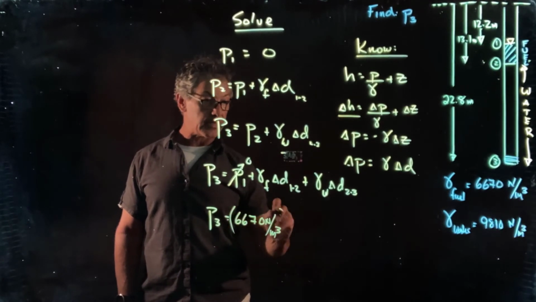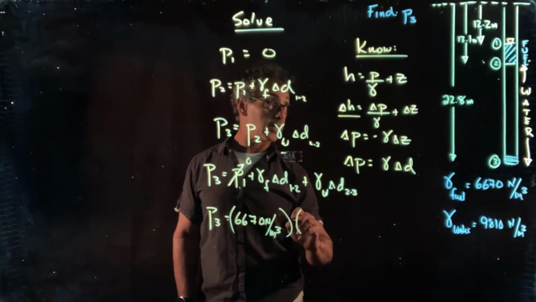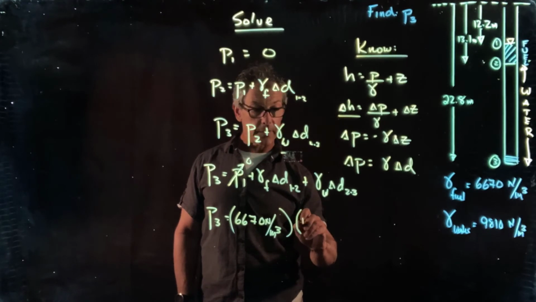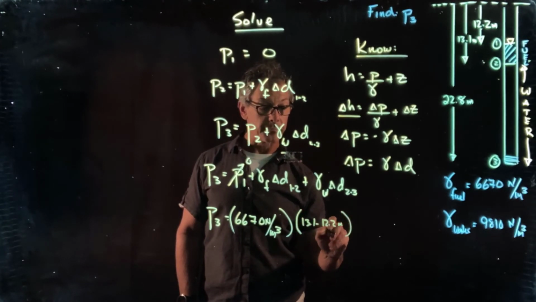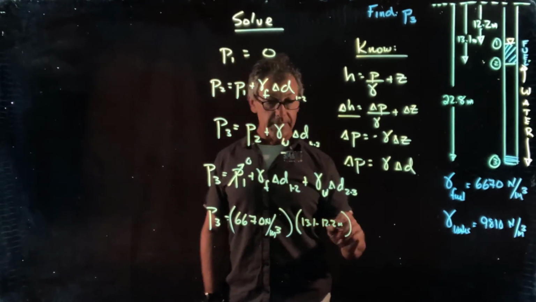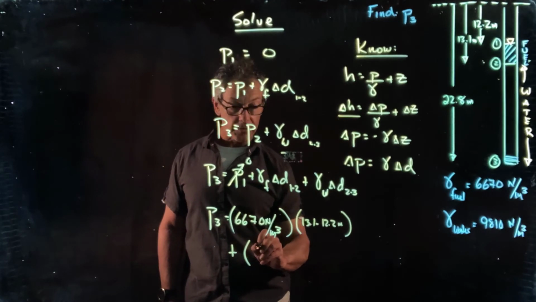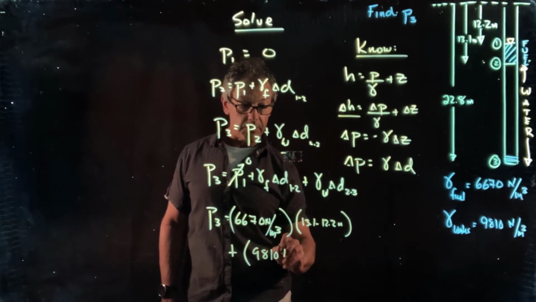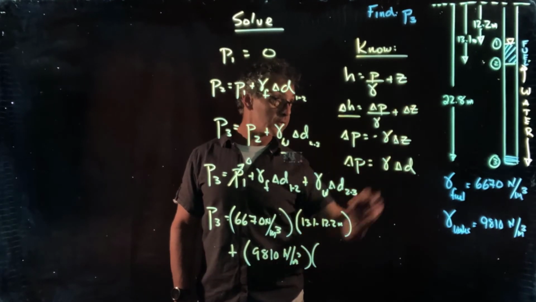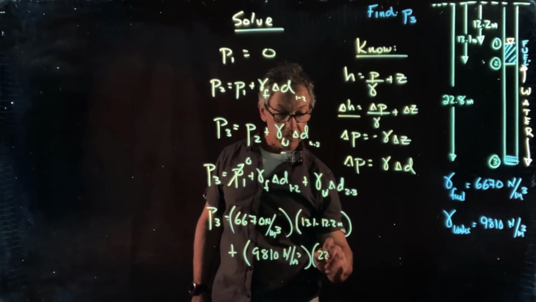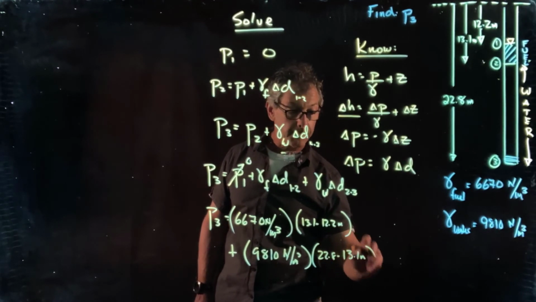And we multiply that times this change in depth. And so that's 13.1 minus 12.2 meters. And then we add the gamma for water, 9810 newtons per cubic meter. And we multiply times this other change in depth, which is 22.8 minus 13.1 meters.